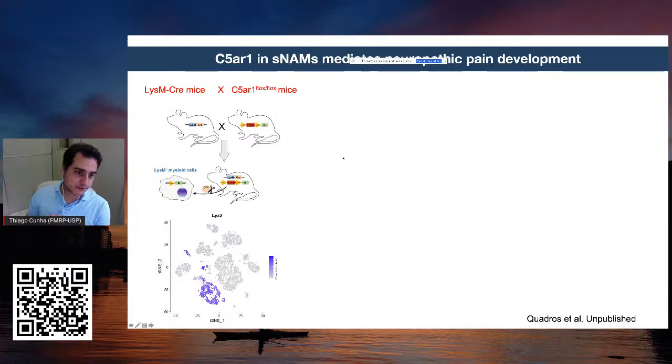So we knock out C5a receptor in these macrophages, but also in peripheral macrophages. But we ruled out the role of peripheral macrophages.